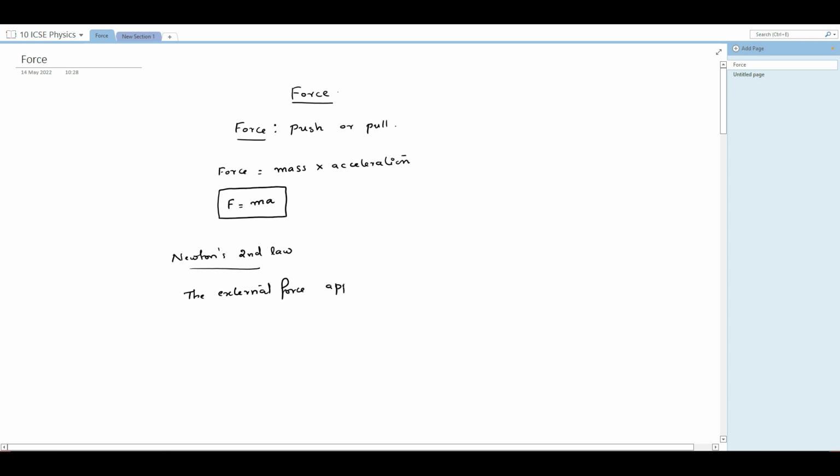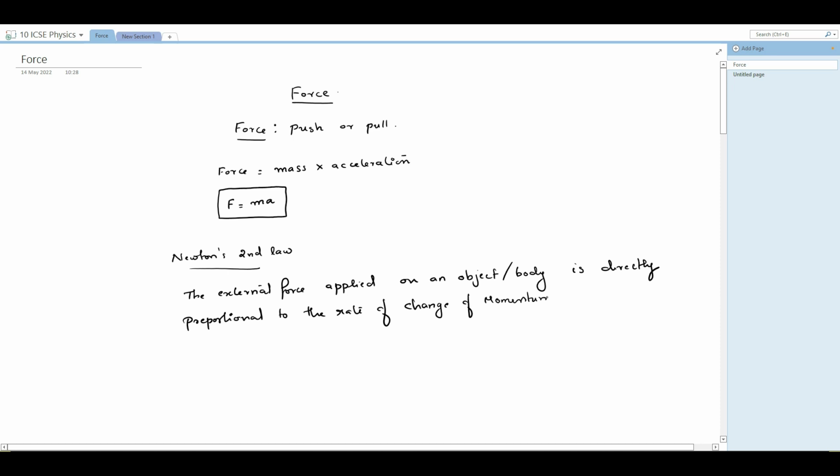Newton's second law states that the external force applied on an object or a body is directly proportional to the rate of change of momentum.